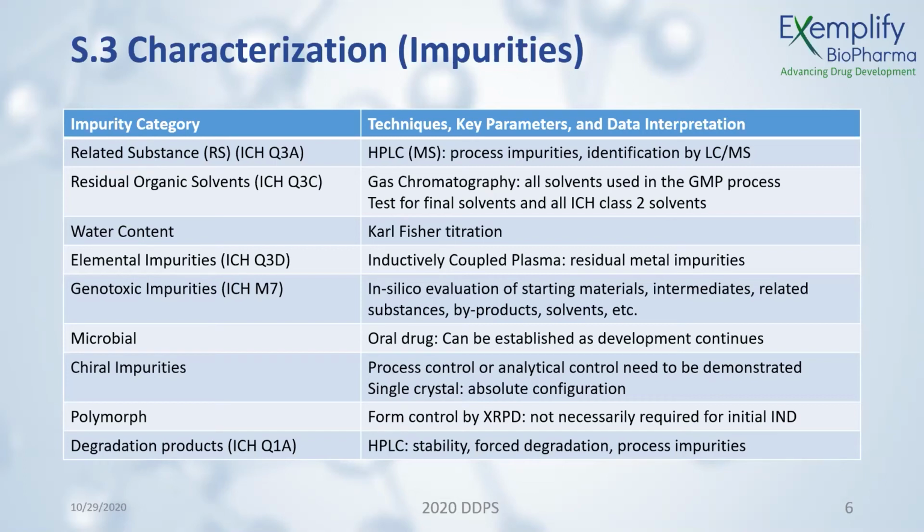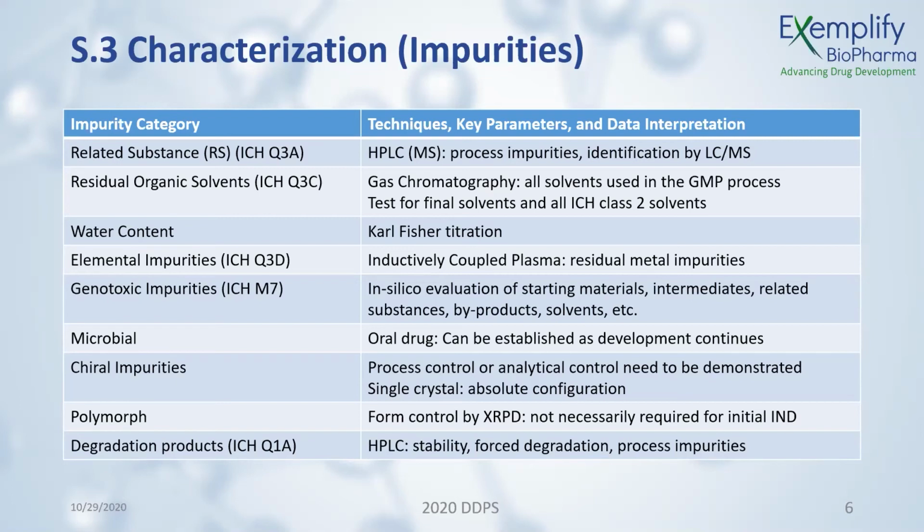The other important topic is genotoxic impurity evaluation. At this stage, you need to use in silico evaluation of your GMP process, starting from the starting material, intermediates, related substances, byproducts, and solvents. If there is an impurity structure likely to be formed, that needs to be evaluated.